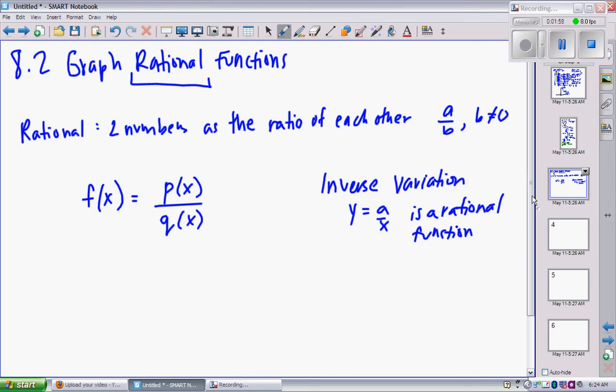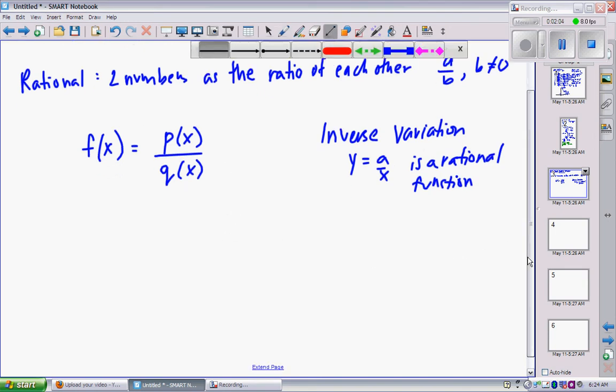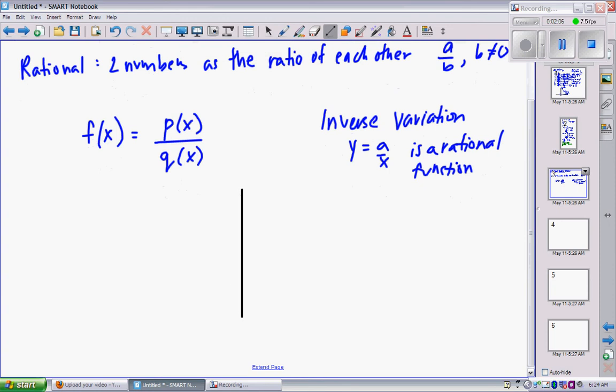So let's graph this inverse variation function when a equals 1, let's say. Let's graph y equals 1 over x. I want to see what that looks like. The graph of this is actually something called a hyperbola.